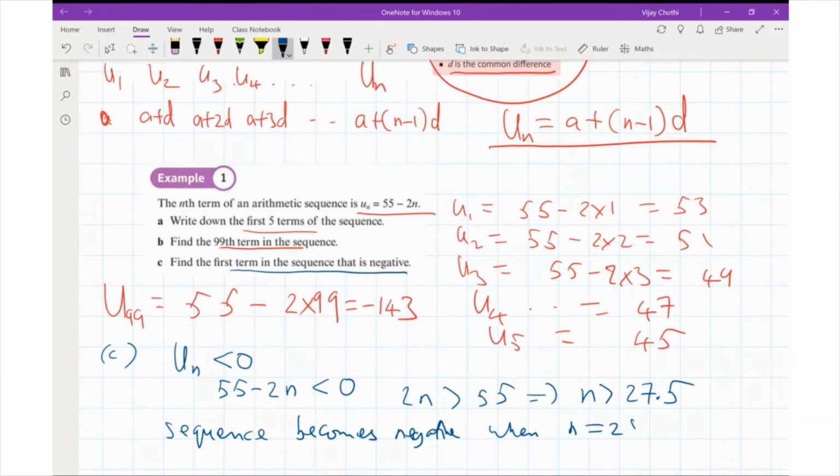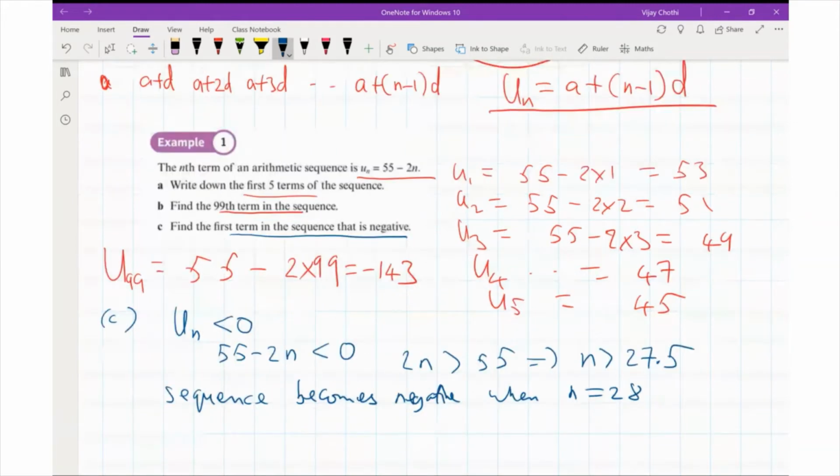It says find the first term, so you need to evaluate it when n equals 28. So 55 minus 2 times 28. 55 take away 56 equals minus 1. So minus 1 is the first negative term in the sequence, and that happens at the 28th term.